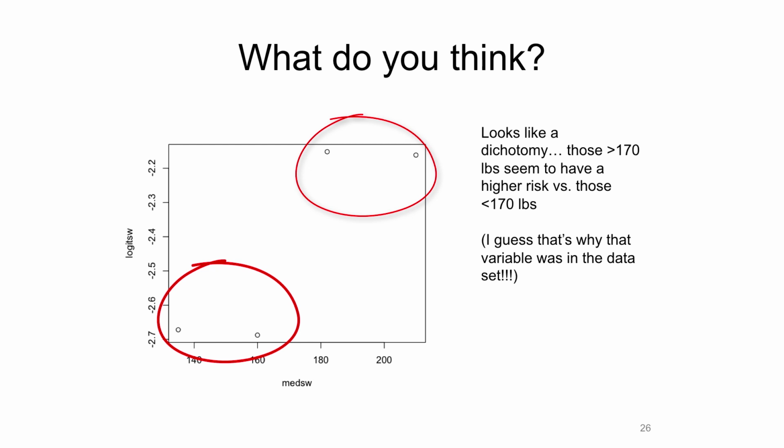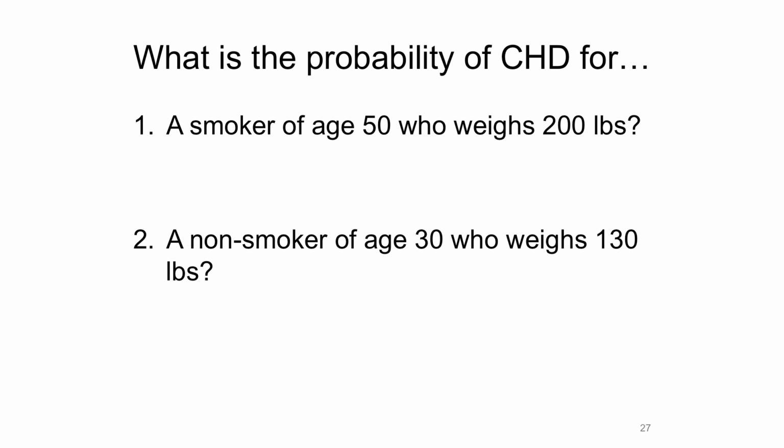So we should probably use a binary weight variable of greater than 170 versus less than 170 pounds. I guess that's why the binary weight variable was in the dataset in the first place. So rather than using the model that we currently have, we would instead want to use a model that includes categorical age and binary weight variables.